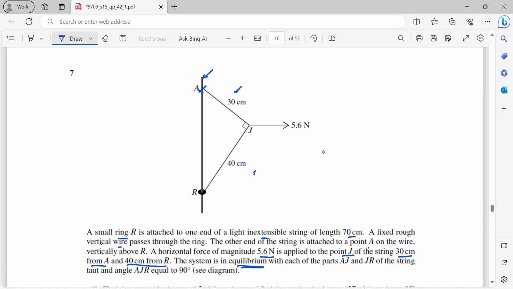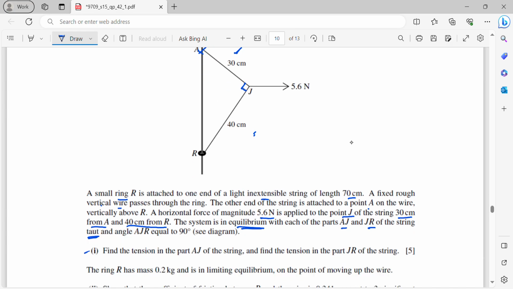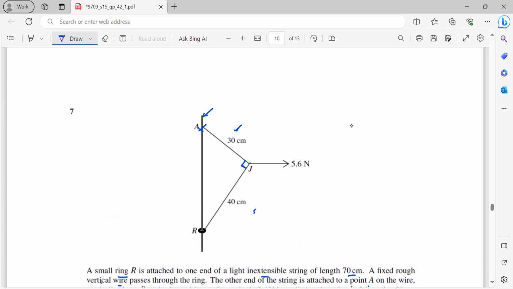With each of the parts AJ and JR of the string taut, and angle AJR equals 90 degrees. Here is 90 degrees. Now, first part, find the tension in the part AJ of the string and the tension in the part JR of the string. So now we have two tensions, and I will refer to the point J here.